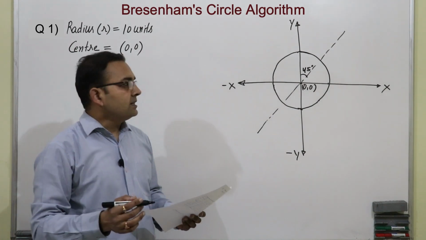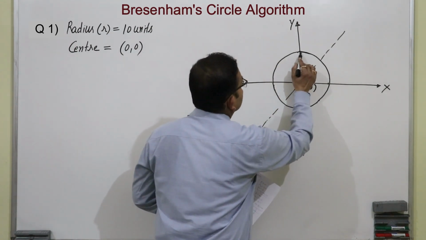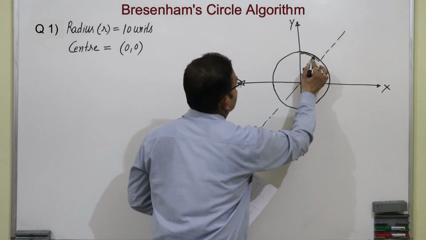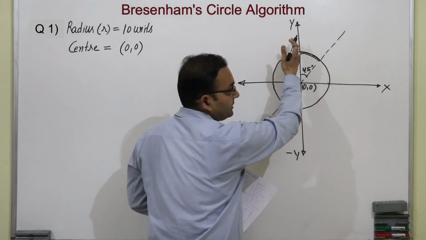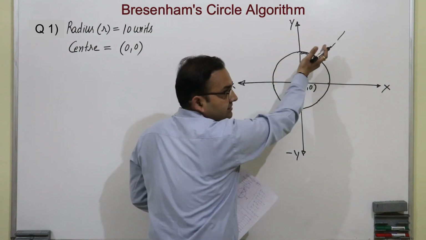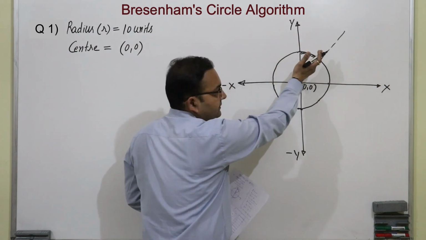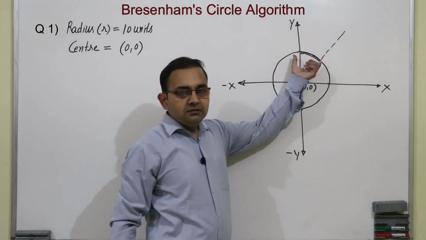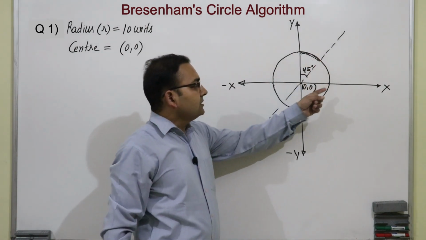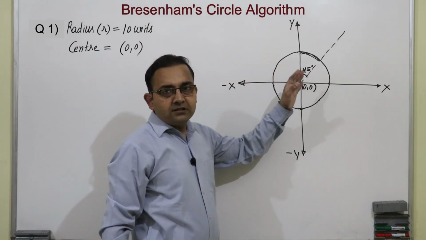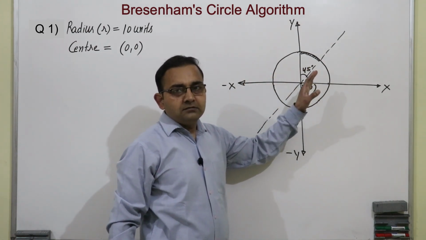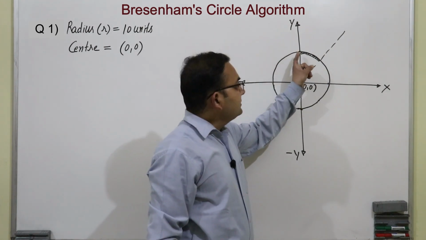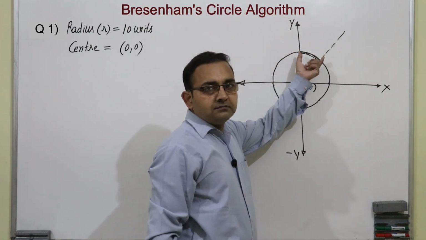So, we will write the algorithm for this portion, from the positive y axis to this axis which is at 45 degrees. If we are able to write the algorithm for this portion, we can write the algorithm for the whole circle by reflection or symmetry.